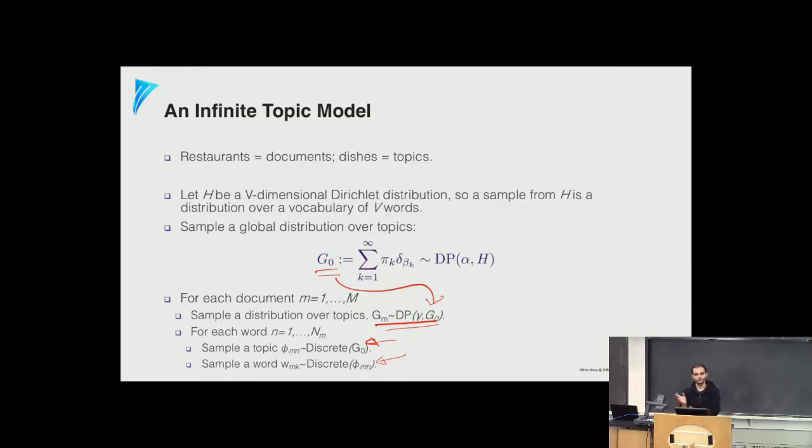Recall that in the mixture model that we had, the difference is this very last part, where instead of sampling a discrete word, we had our Gaussian mixture components, so we would sample these x's from the Gaussian with the corresponding mean and covariance matrix. Right? So technically, we could have a hierarchical Dirichlet Gaussian mixture model.